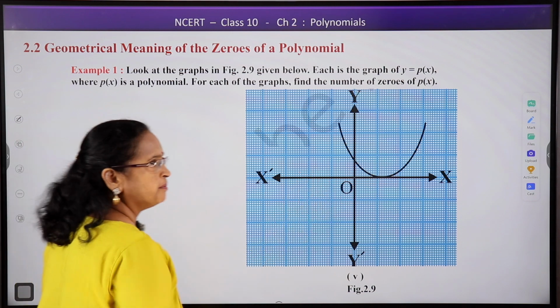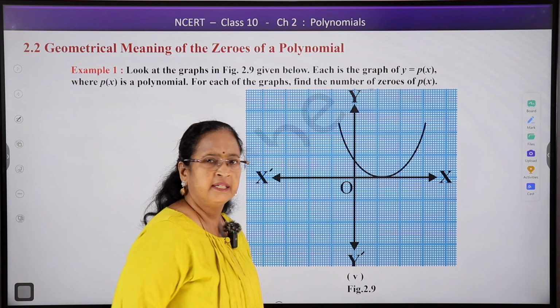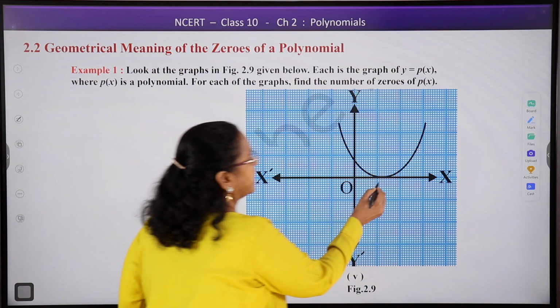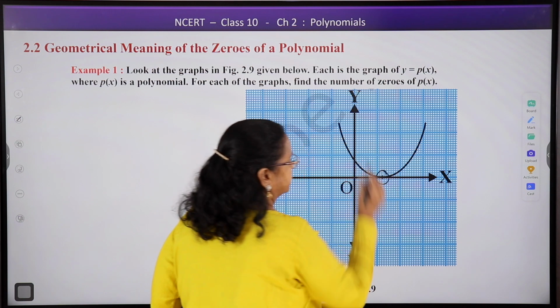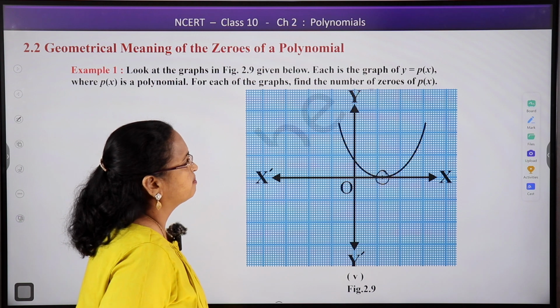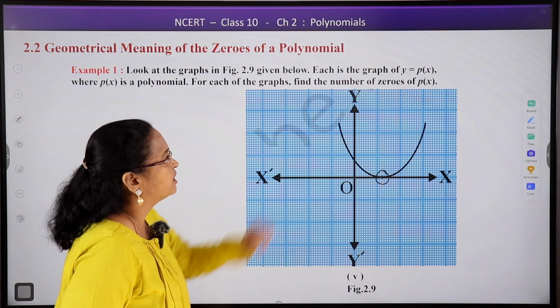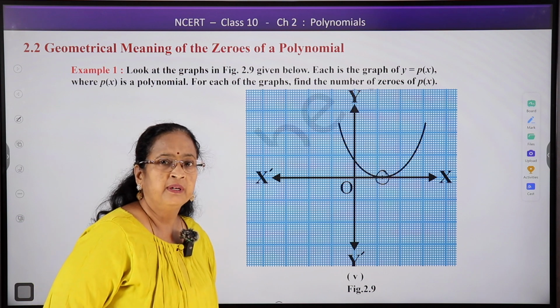Now this is a parabola touching the x-axis, isn't it? Touching the x-axis exactly at this point, isn't it? So how many zeros does it have? I want the answer from you. Correct.